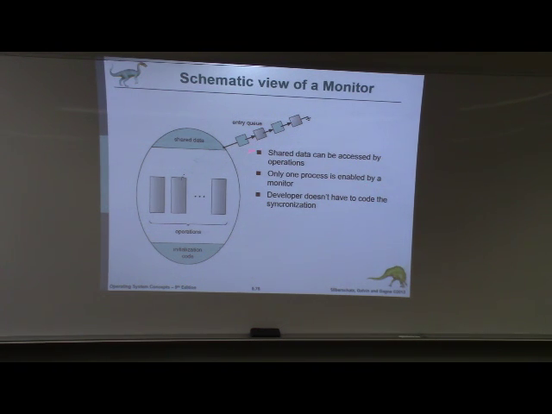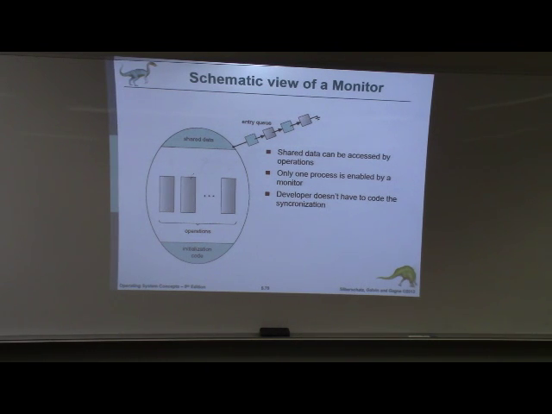So only one process. If there are many processes like readers, writers, or philosophers, the many processes are waiting in the queue. Then only one process among them will be enabled in the monitor. Then developers don't have to worry about the wait and signal, getting the lock or not.